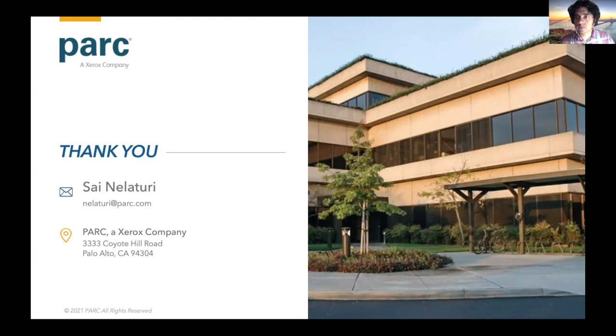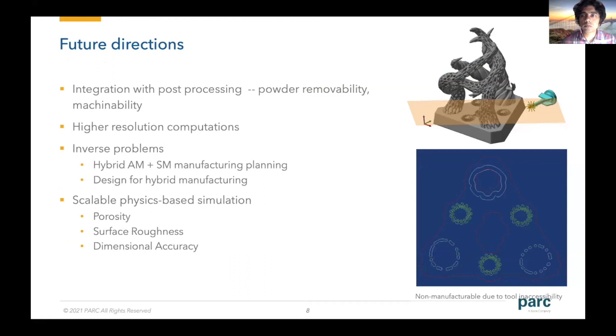Thank you, Sai. I'd like to follow up with a question, and after that we have a question typed in the chat. If you can go back to the last slide where you were discussing the future. The system in the end is able to at least identify or modify the geometry based on whether it's manufacturable or not.